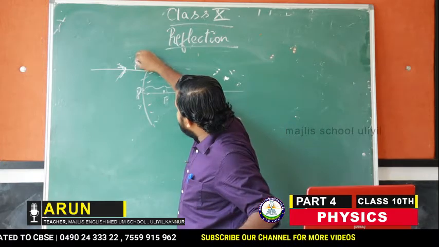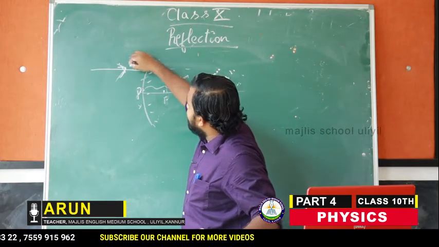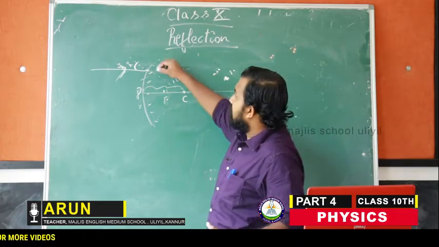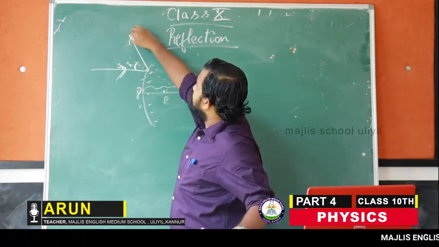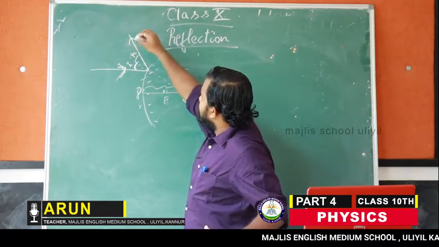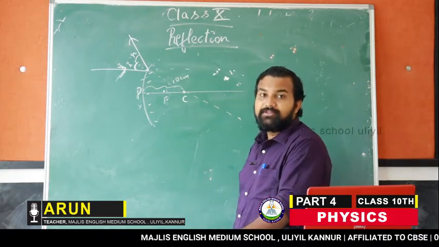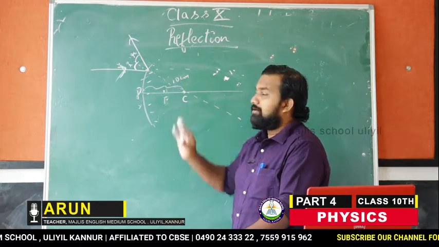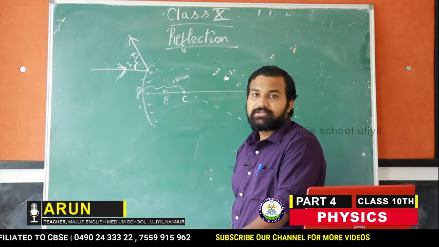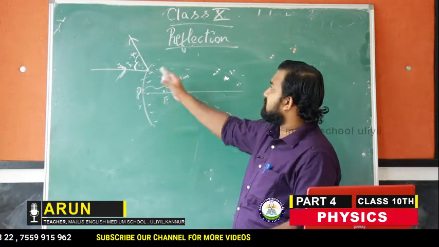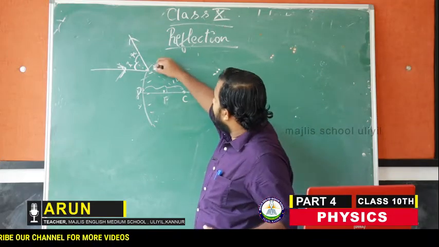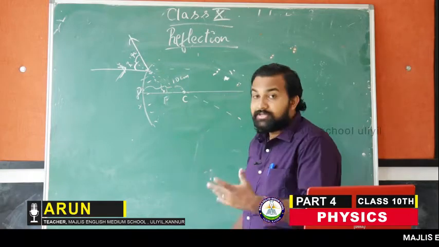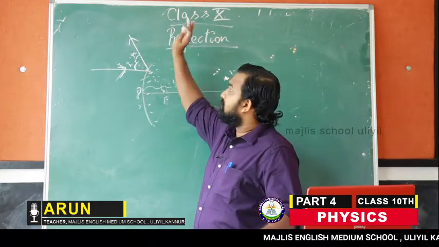So what will happen? The incident ray is making some angle, the angle of incidence, with the normal. So the light ray should move in such a way that it makes the same angle with respect to the normal, so that the laws of reflection are satisfied. Okay, so the angle of incidence will be equal to the angle of reflection. So what we will understand is that it will reflect and it will diverge away.